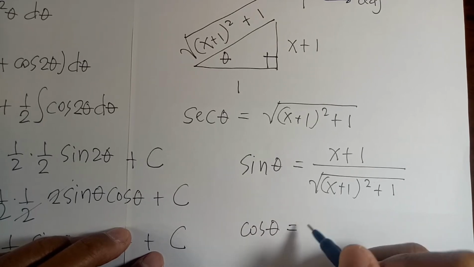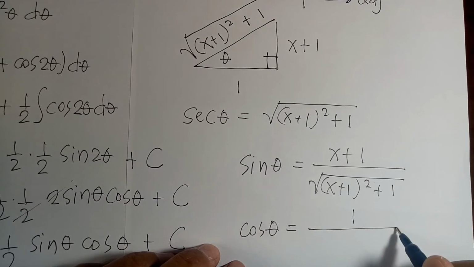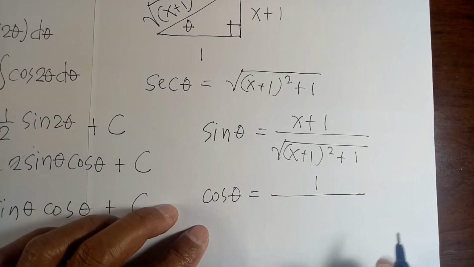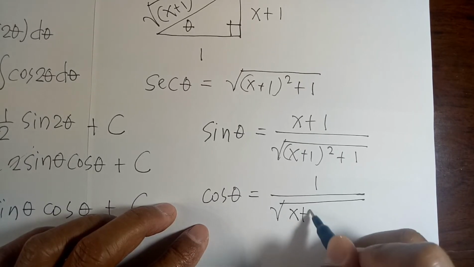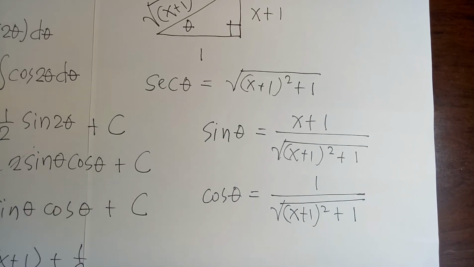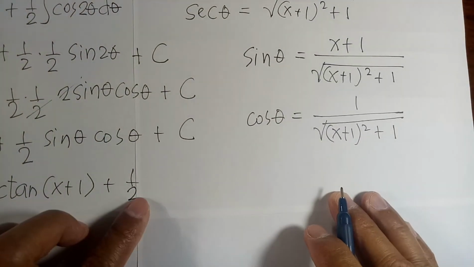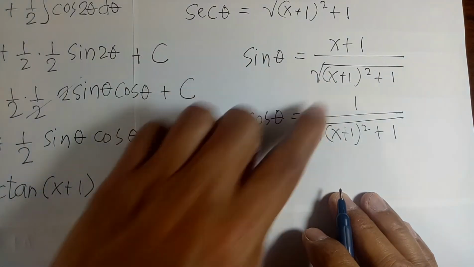So, cosine theta equals the adjacent side, 1. Tapos, yung hypotenuse natin, square root of x plus 1 squared plus 1. So, ayun yung mga values na isa-substitute natin dito, no? So, yung sin, ayun siya.